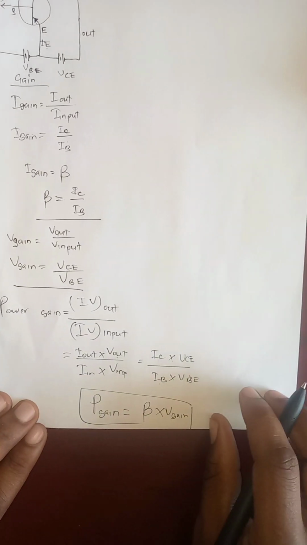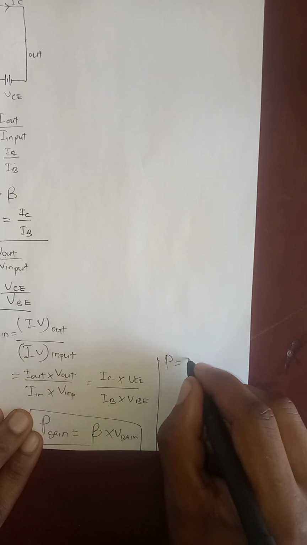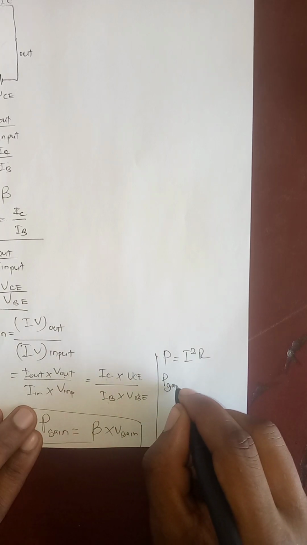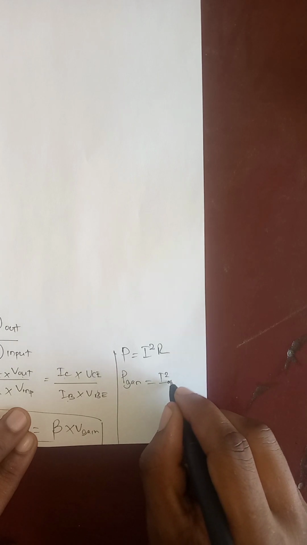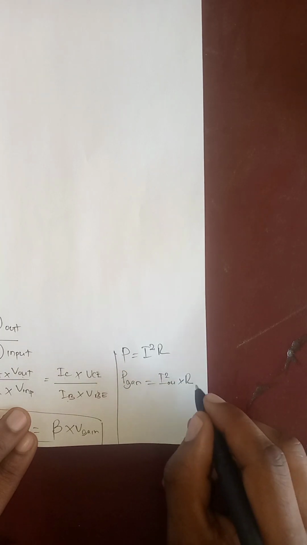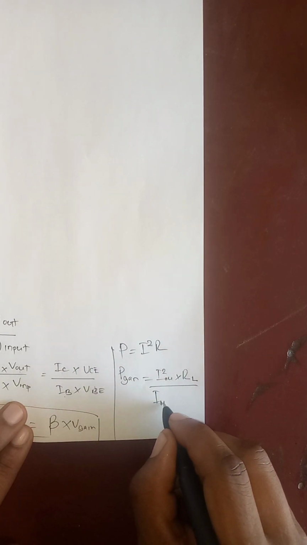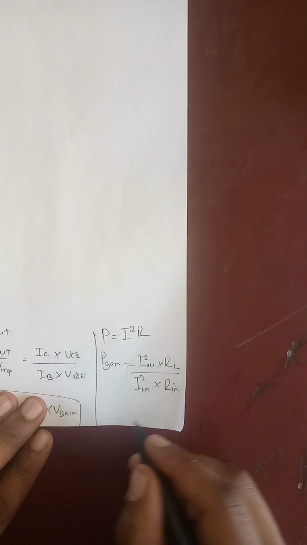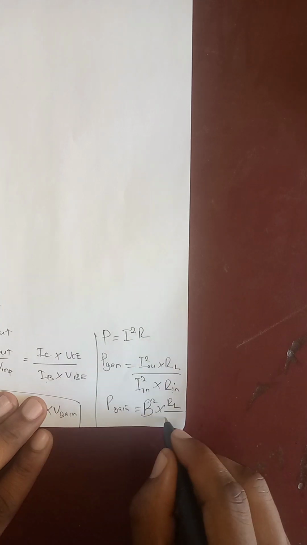Also we can express it in terms of resistance, because we know power is equal to I squared R. Now power gain will be I squared output times R output, which is the load resistance, over I squared input times R input. Also we know this is beta, so power gain is equal to beta squared times RL over R in.